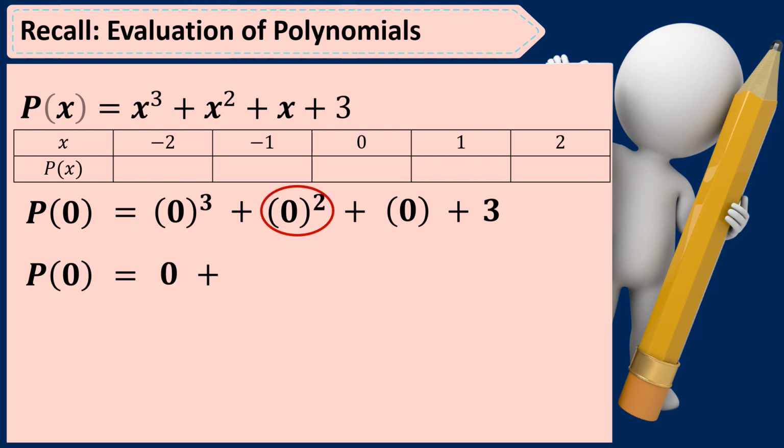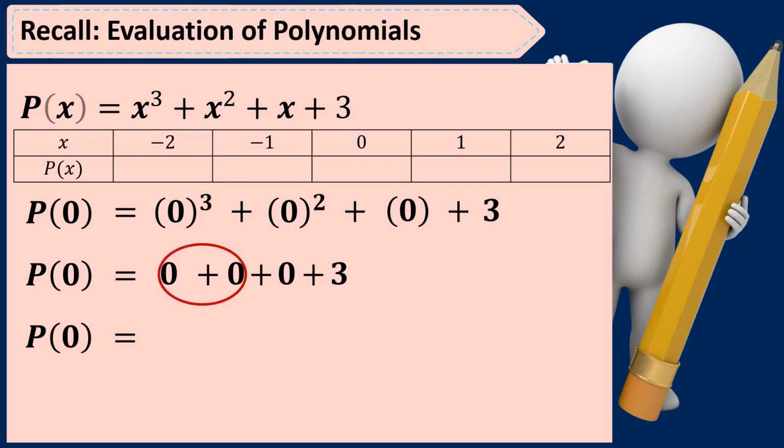The square of 0 is 0. Then we copy plus 0 plus 3. 0 plus 0 is 0. Plus 0 is 0. Plus 3 is equal to +3. So p of 0 is equal to 3.